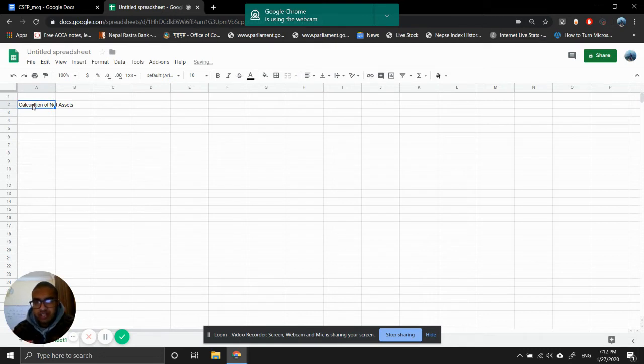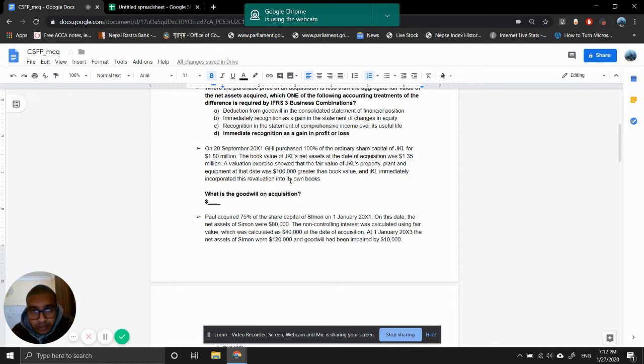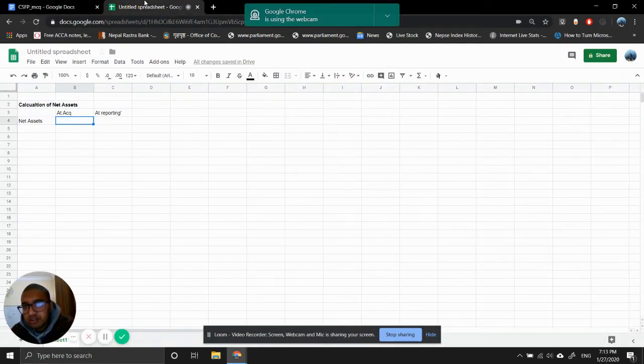So what we've been given is that we know the net assets already, right? Net assets at acquisition was 1.35 million, figures in million.